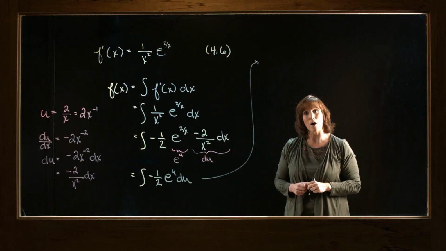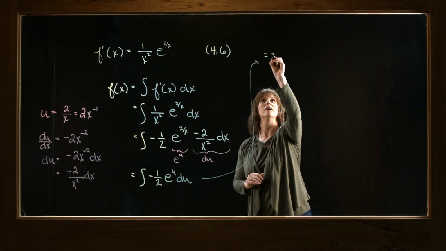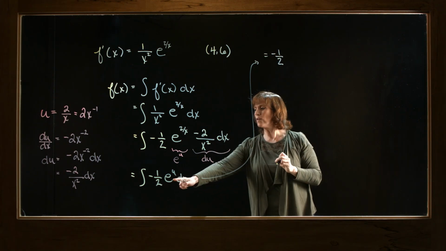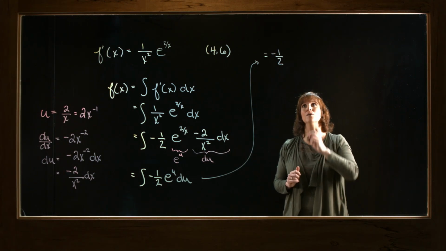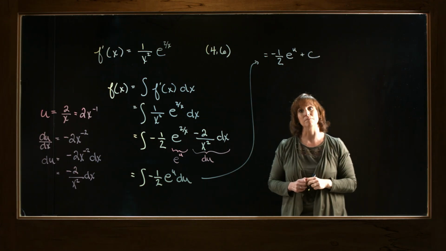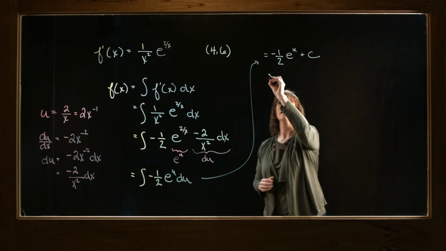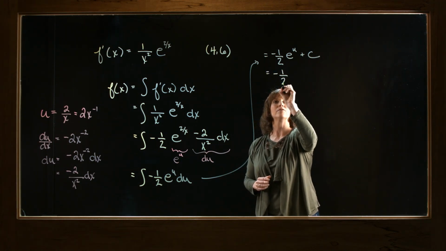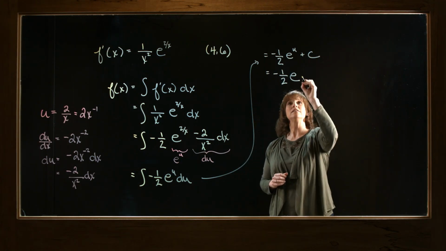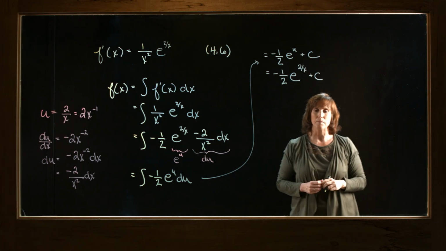A much easier problem to integrate. I can pull out the negative 1/2, and the integral of e to the u is e to the u, plus my constant of integration. Integration's over, so I need to get my x's back. And I have minus 1/2 e raised to the 2 over x plus c.